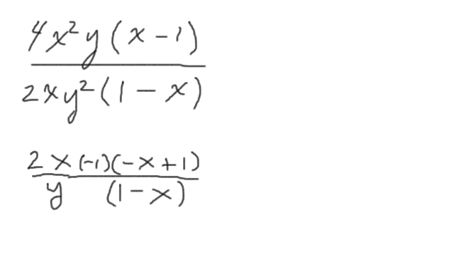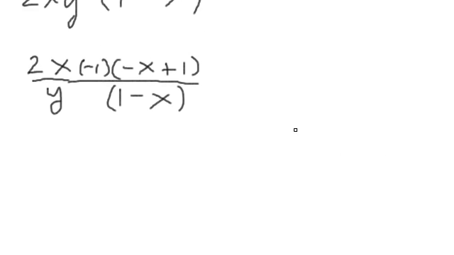But what we have now is we have a term in the denominator and the numerator that are both the same. And now I'm going to take this negative and move it out into the front here. So -2x over y. And I'm going to rewrite this piece right here. This is 1 minus x.